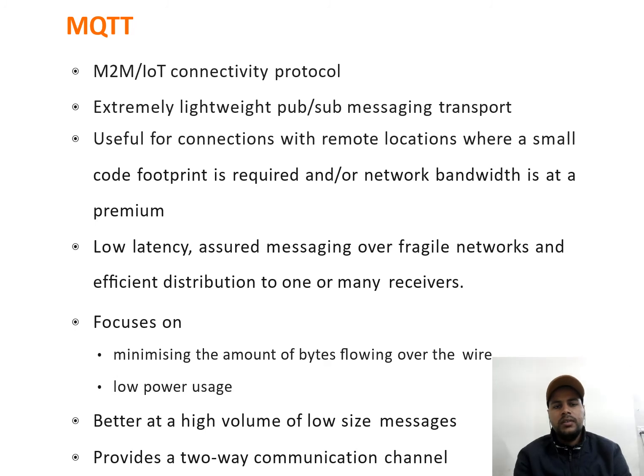It is very useful for connections with remote locations where a small code footprint is required or network bandwidth is at a premium. It has very low latency, assured messaging over fragile networks, and efficient distribution to one or many receivers.